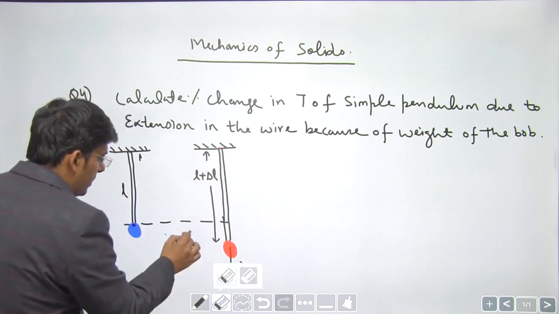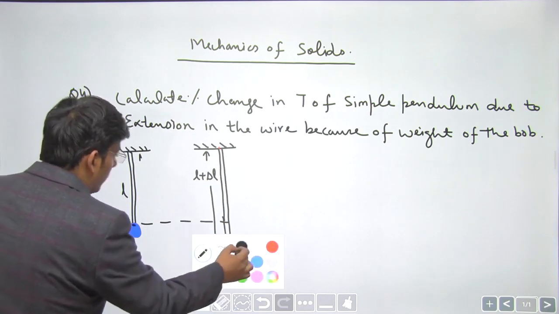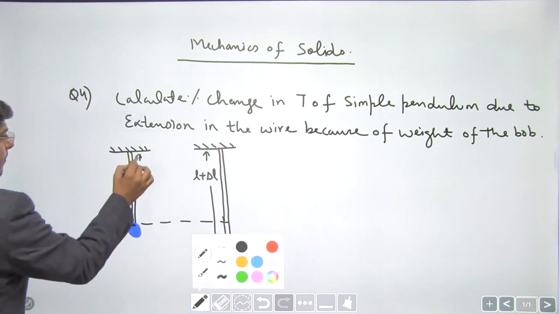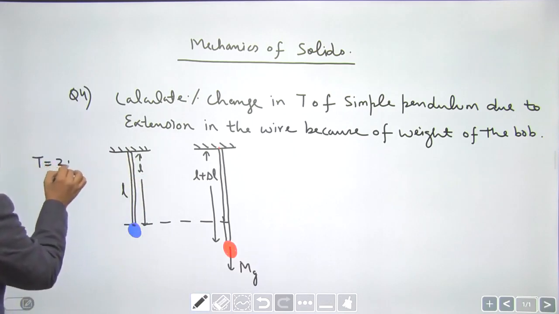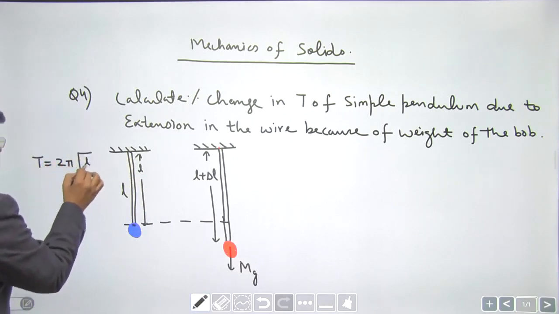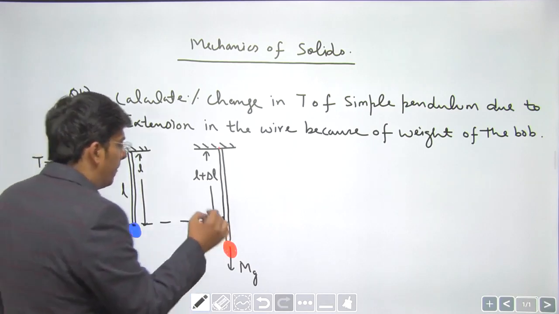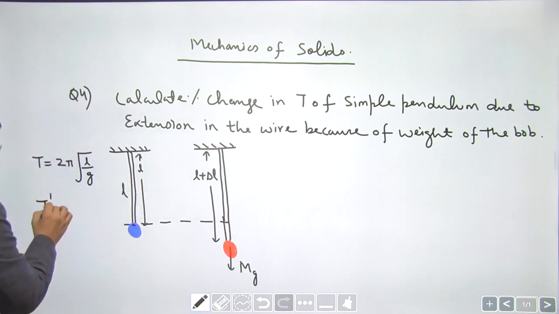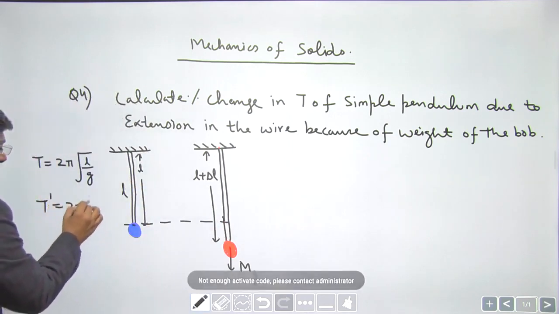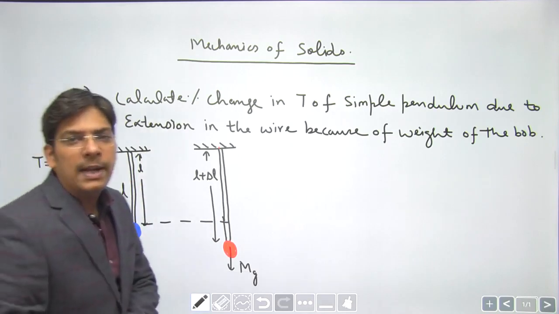Now what was the original time period? The original time period was T equals 2 pi root L by g, right? What about the new time period? The new time period will be, obviously acceleration due to gravity has not changed. There is only the change in the length of the pendulum. So the new time period will become T dash equals 2 pi root L dash by g.